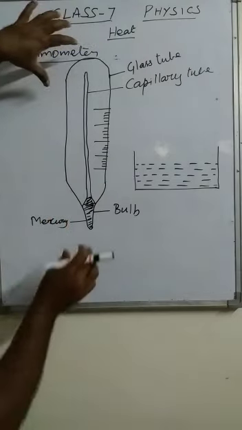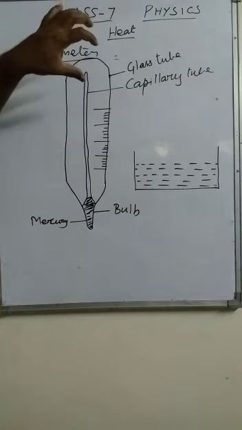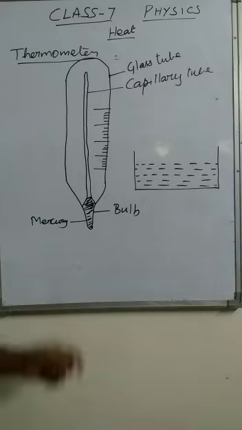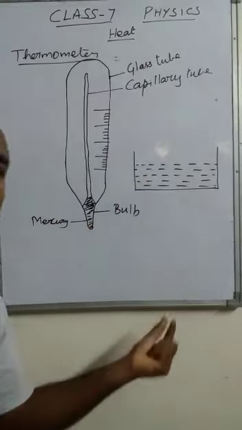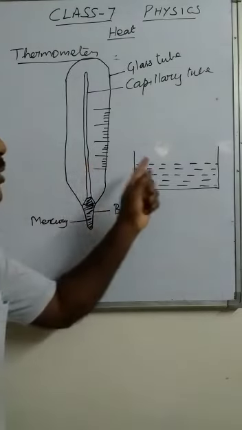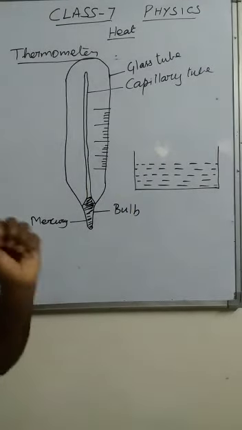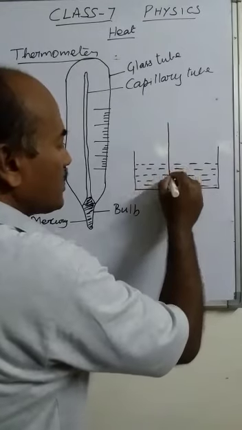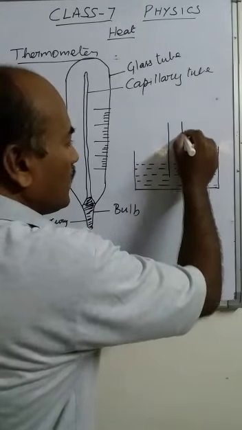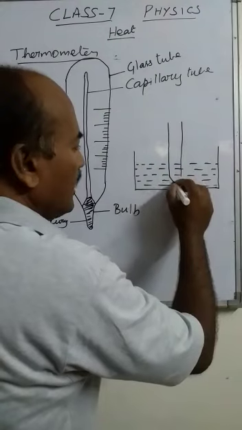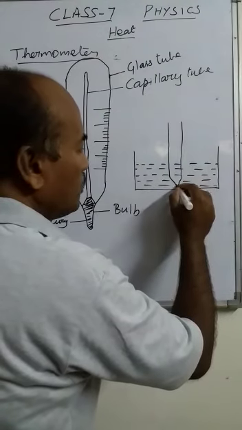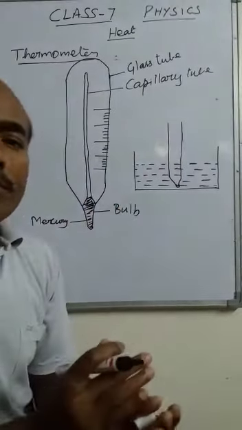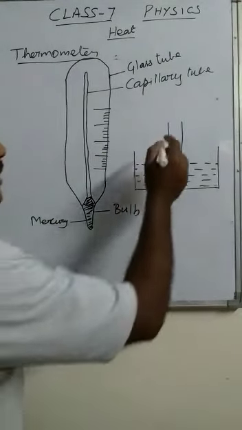We should not hold it from the bulb. It is held from the top of the thermometer, and the bulb is to be immersed into the object whose temperature is to be measured. So the thermometer is immersed into the water in such a way. The bulb should be completely immersed into water, completely surrounded by the object whose temperature is to be measured.